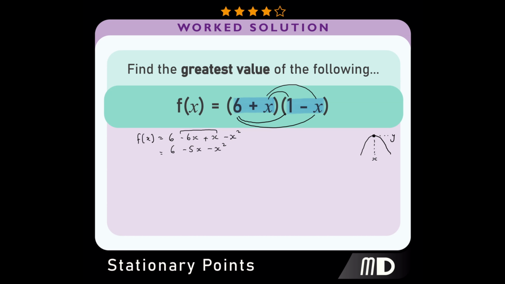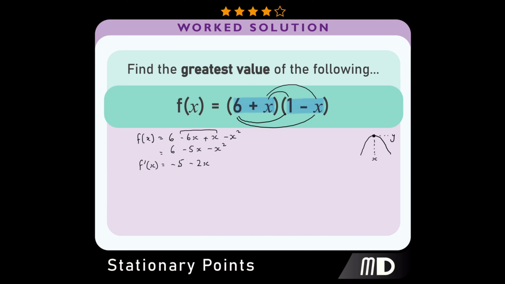But in order to find the y value, we need to find the x value where the peak of this graph occurs. So the first thing we need to do is differentiate our expression for f of x. Now differentiating 6 minus 5x minus x squared gives us minus 5 minus 2x.